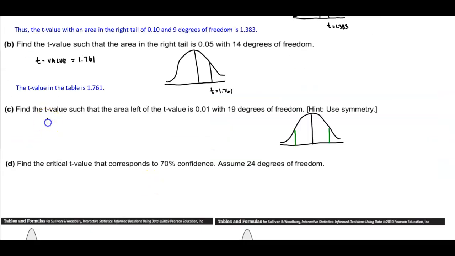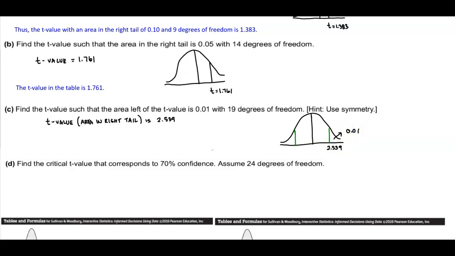So we can say that the t-value for the area in the right tail is equal to 2.539, over here, because the area in this tail is 0.01.